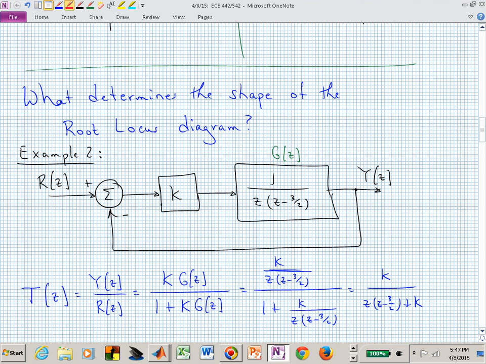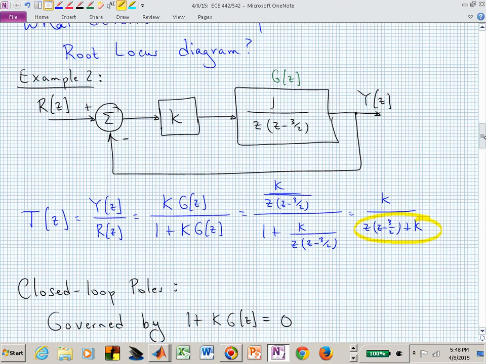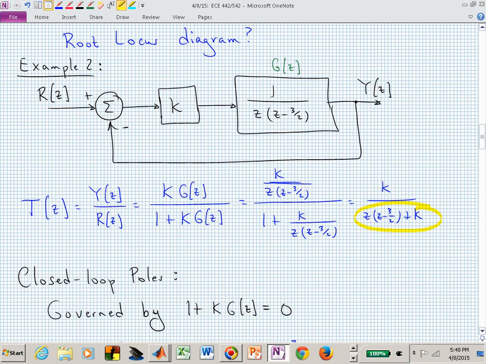And we can determine the behavior of that closed loop system from our transfer function. That's kG over 1 plus kG. If you plug in the G and simplify, cancel the common denominators in the numerator and denominator, you now have your closed loop characteristic polynomial in the denominator, and that, as you adjust k, will influence your closed loop poles.